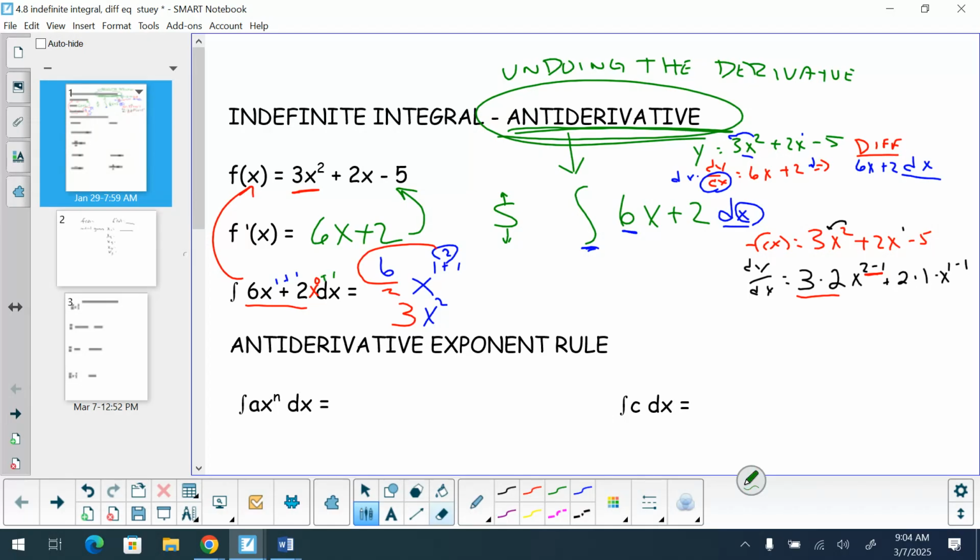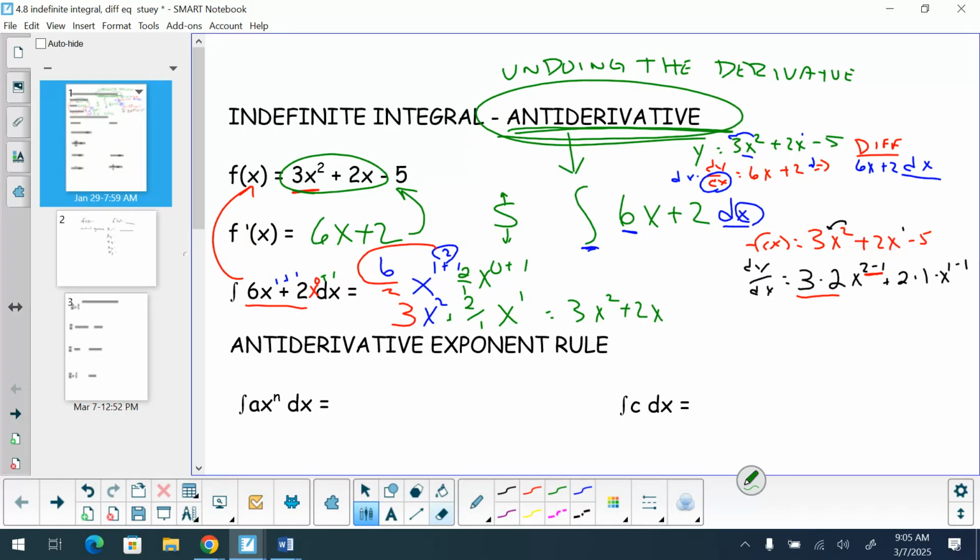So we have our new exponent of 1. With this new exponent of 1, we're going to divide our coefficient by this new exponent of 1. So what we're left with here is 3x squared plus our 2x, which gives us our first part here.